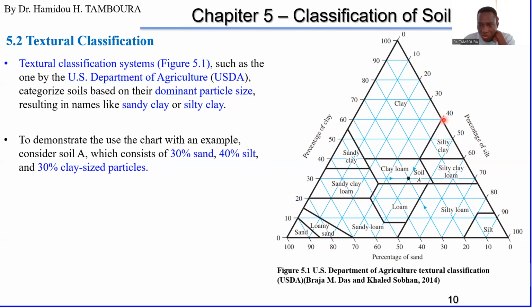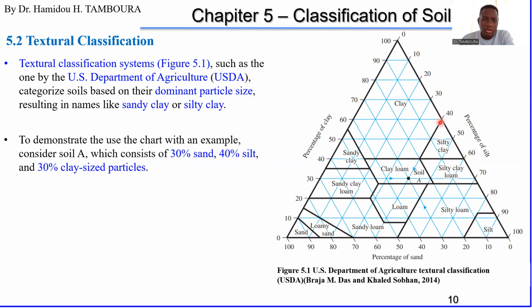Because some people will go 40 here and they will go here. No, this is for sand, for clay. So to not confuse yourself, start from here 0 and try to draw following the parallel of this line like that. So 40 will be here. So you can draw it in this way if you want.